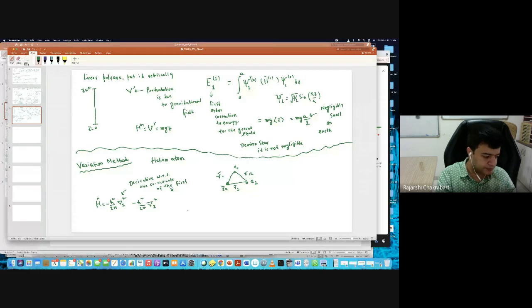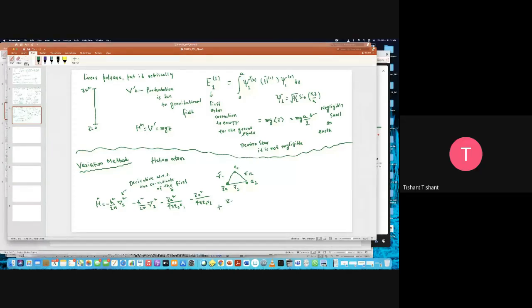What else? You will have the attraction between electron 1 and the nucleus. This will be minus Z e squared by 4 pi epsilon 0 R1. What is the next term? Minus Z e squared by 4 pi epsilon 0 R2, and then there will be electron repulsion. The nuclear charge is Ze, so Z will not come in the repulsion term.